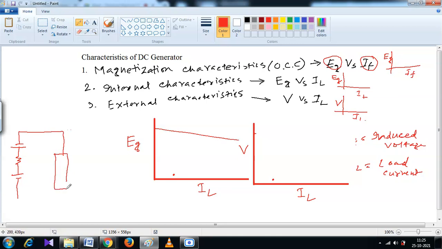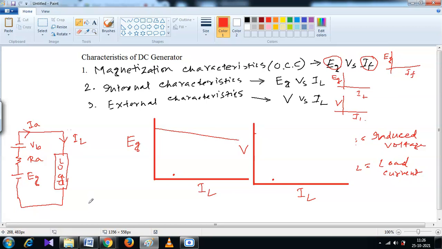Have you seen a circuit like that ever? What is this? Anyone tell me what this is.